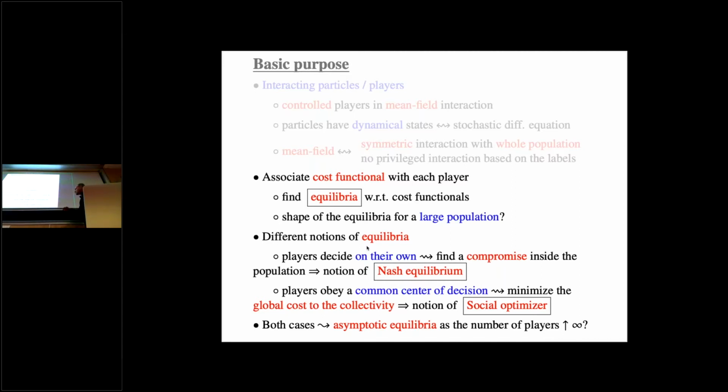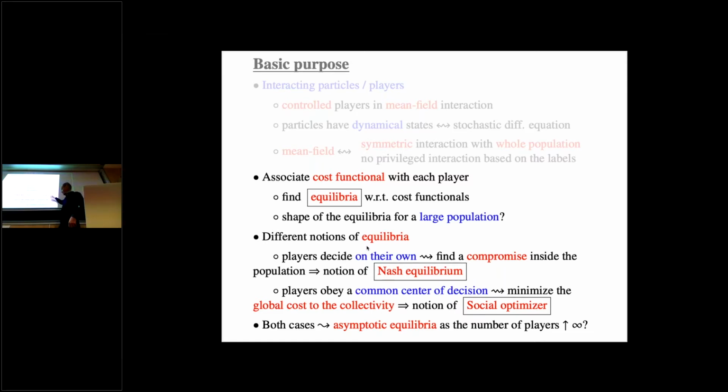The very first one is a notion from game theory, the notion of Nash equilibrium, which means that within the population, you want to find compromises. Players are competing and individualistic, and each of them is willing to minimize their own cost, regardless of the cost of the others, in the sense that they don't care if the cost of the others is higher. So this is a selfish point of view.